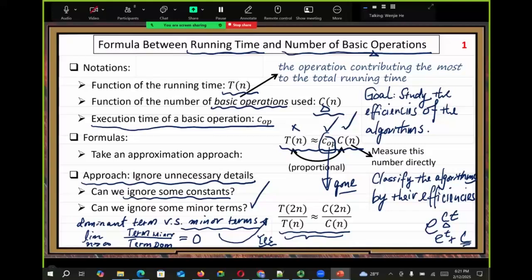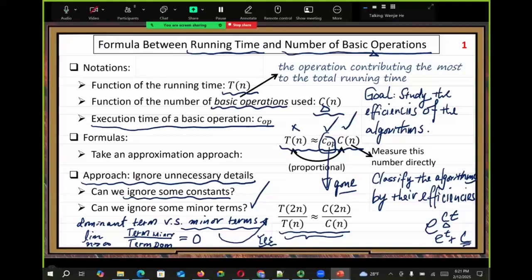The larger that ratio is, the faster the function increases. So we get that information. It tells us sort of increasing rate information.